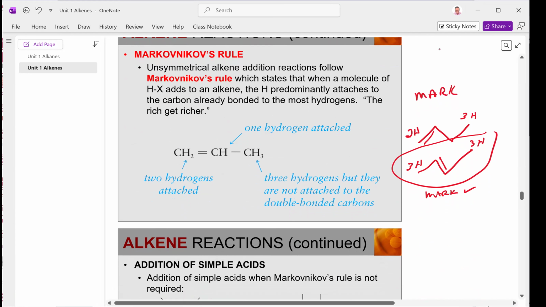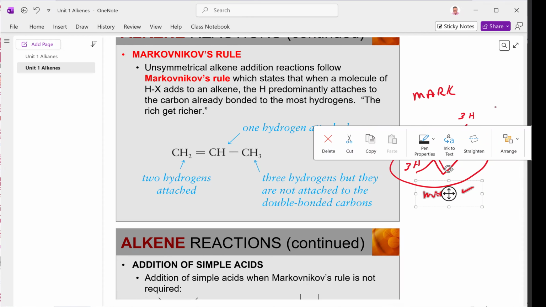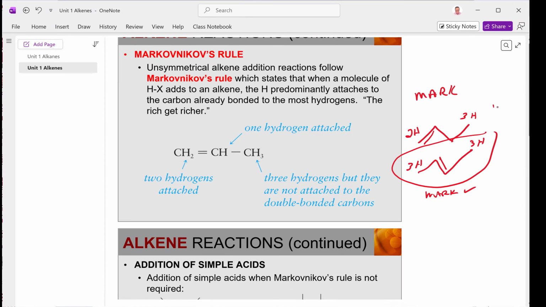Now, whenever you get a mix, you have to determine the stability of the mixture. Which of them is more stable than the others? We have two tests for that. One is symmetry, the other one is Markovnikov's rule, where the one with the most terminal hydrogens is more stable than the one with the least amount of terminal hydrogens. So you need to do the test both times. For example, on this one here, we have 3 hydrogens on the end on the right, 2 hydrogens on the left.